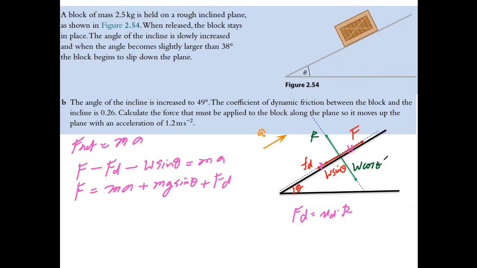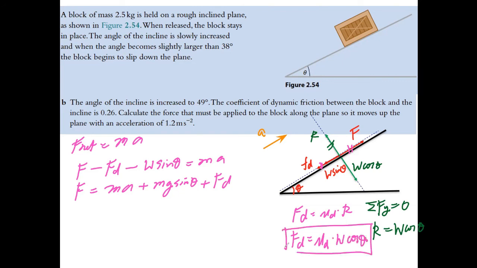Since the object is not accelerating perpendicular to the plane, the net force in the vertical component equals 0, which means R equals W cosine theta. We plug in the dynamic friction equals the coefficient of dynamic friction times W cosine theta. Plugging into the equation, we have plus the coefficient of dynamic friction times mg cosine theta. Now we need to plug in the values.